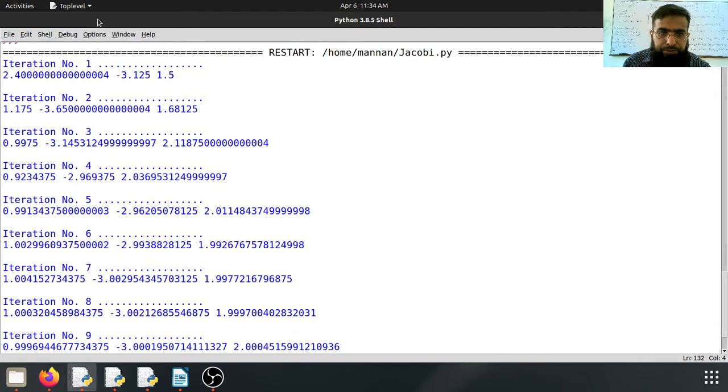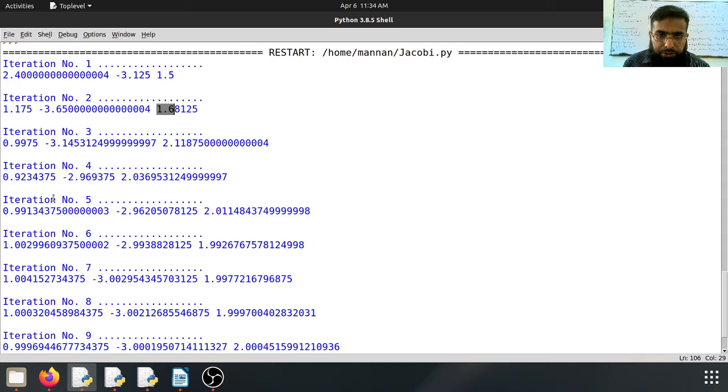To some values of x1, x2 and x3. At iteration number 1, this is x1, this is x2, and this value is x3. At iteration number 2, x1 becomes 1.1, x2 minus 3, and x3 becomes 1.6.